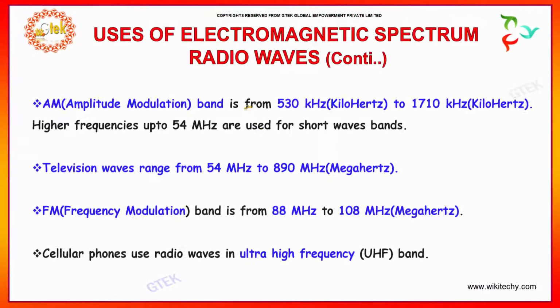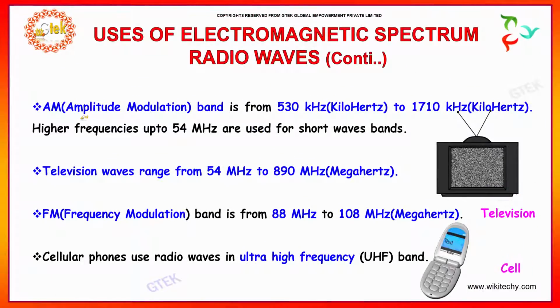Moving further, your radio waves can be manipulated using amplitude modulation. The amplitude modulation band is from 530 kHz to 1710 kHz. The higher frequencies up to 54 MHz are used for short wave bands.